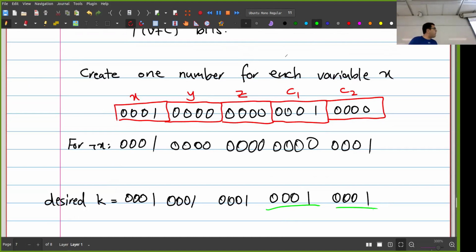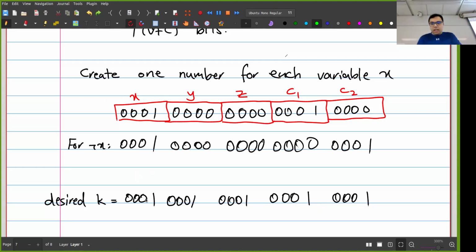But of course, I don't want to take a variable and also its negation. So I say that in the compartment of each variable, I also want to have a 1 in my sum. So I want to make sure that I have either taken x or I've taken not x. And if I take both of them, then I would have a 2 in this part, and that would not give me the sum that I want.